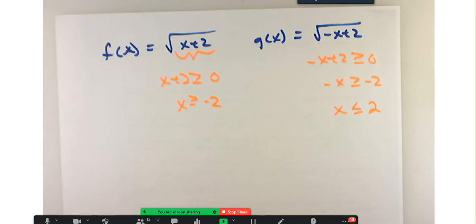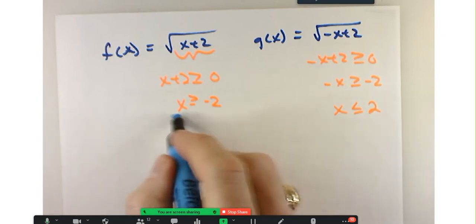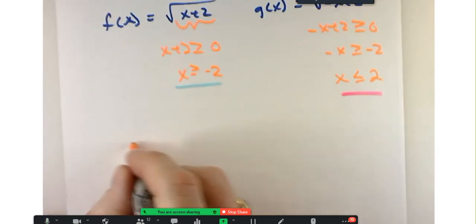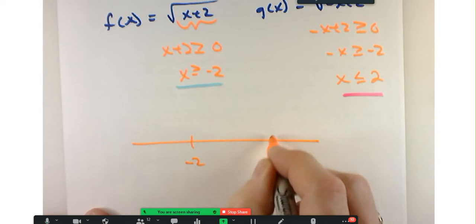Now, these will be defined where those domains overlap. So this one and this one, I want to see where they overlap. So let's do that. -2 to 2.